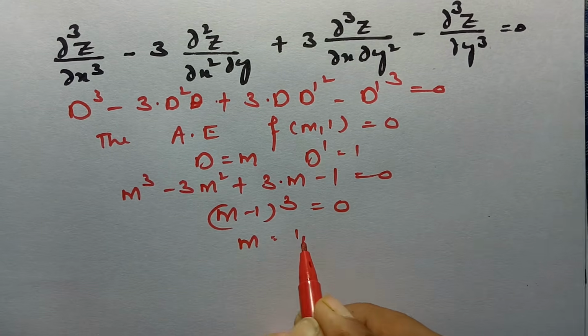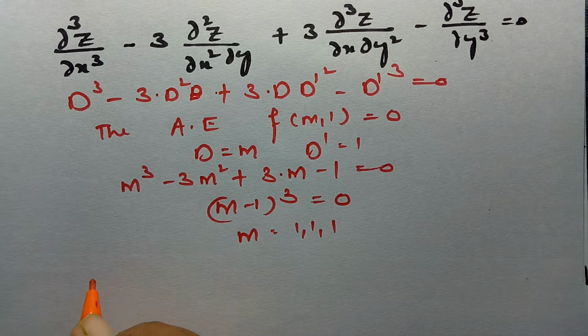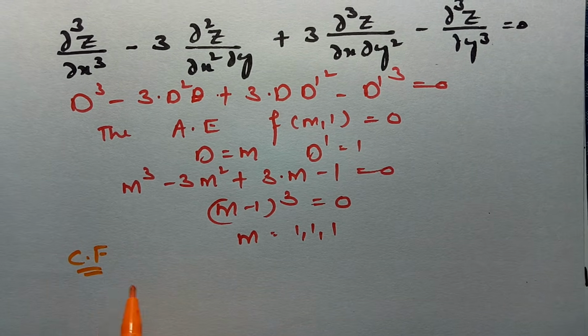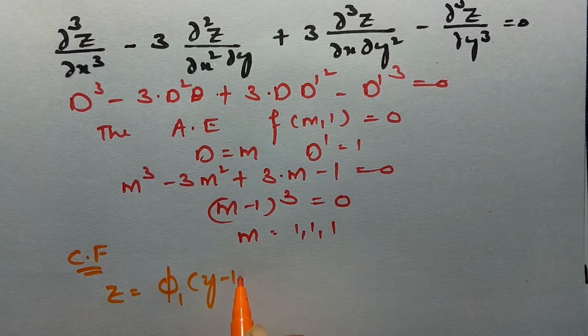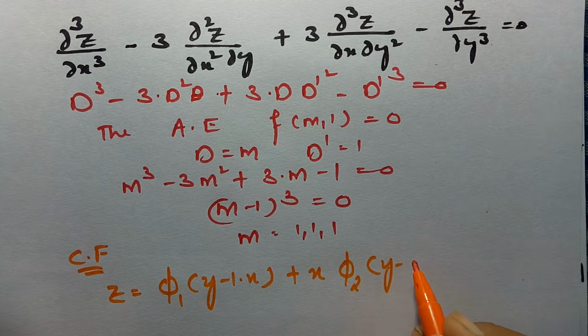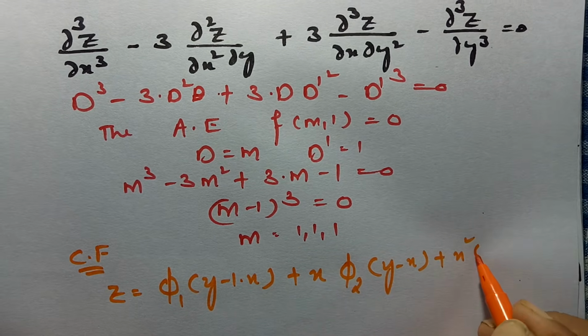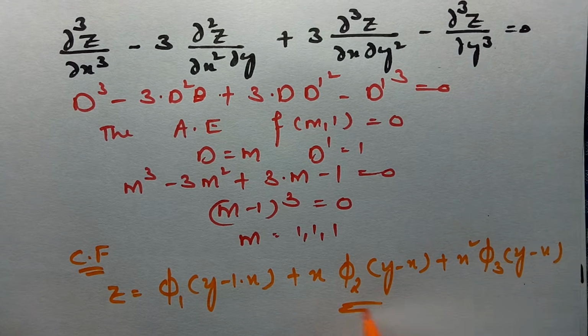So m is equal to 1, 1, 1. We got the equal roots. So for that the complementary function will be z is equal to phi 1 of (y minus x) plus x times phi 2 of (y minus x) plus x square of phi 3 of (y minus x).